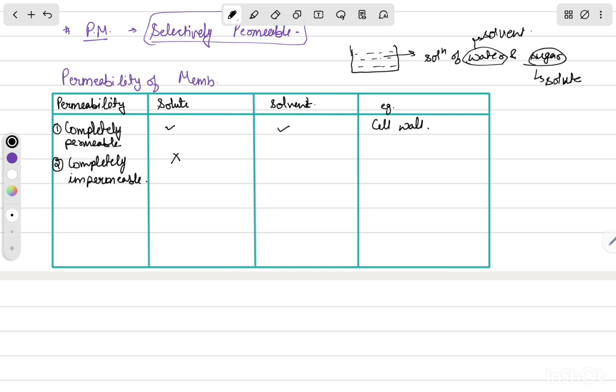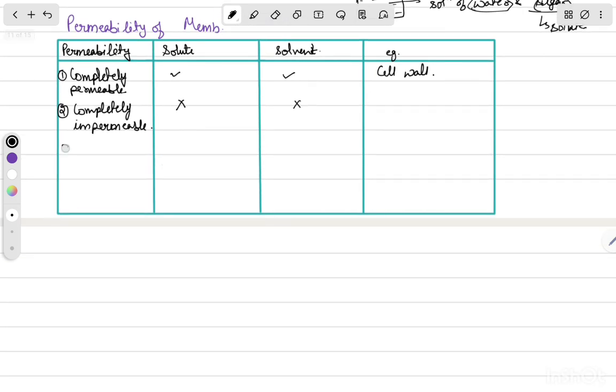It will not allow either the entry of solute or solvent, right? Next type is semi-permeable membrane. Semi-permeable membrane will not allow entry of solute, but it will allow entry of solvent.